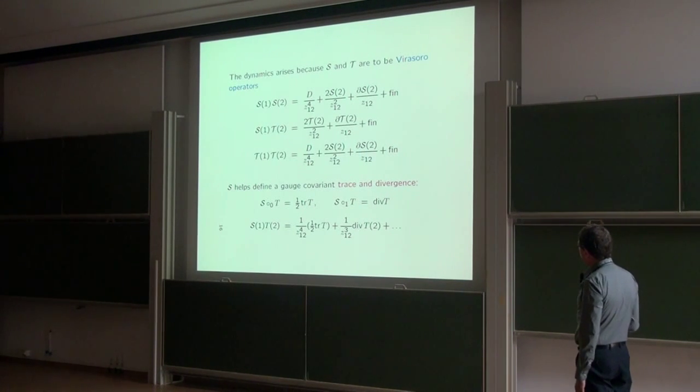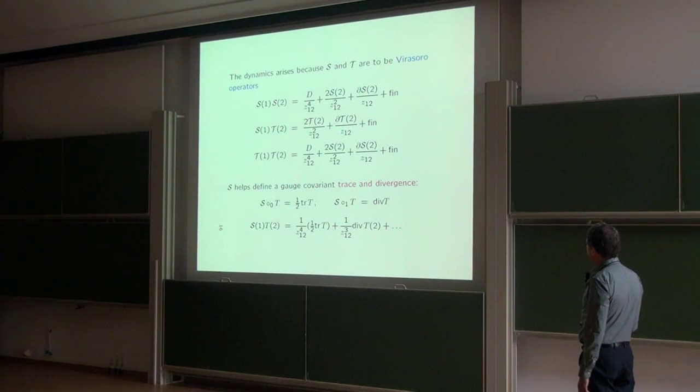And thus, for example, the OPE of S and T must have a scalar that appears with weight 4 times the scalar, the zero product, and a weight 3 with the divergence here. If you look here, you see that the z to the 4 pole and the z to the 3 pole are missing in order to have a Virasoro algebra.